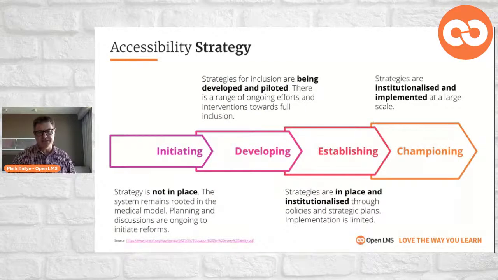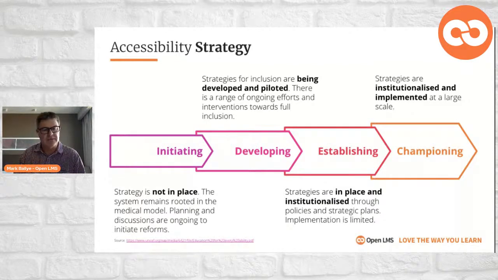So as institutions and corporations start to think about accessible content, what I'd like you to think about is this approach, and where you are in this journey. Are you at the very start, at that initiating phase, where you don't even have a strategy in place?